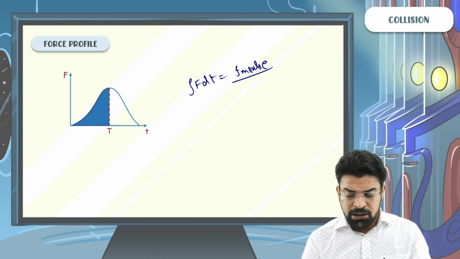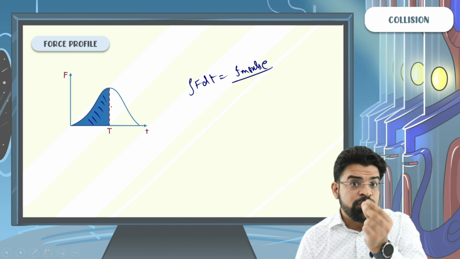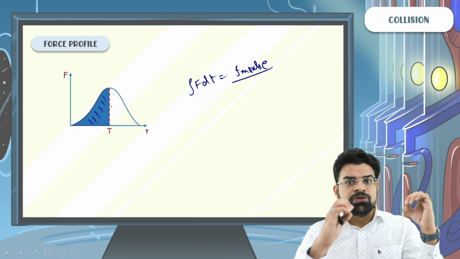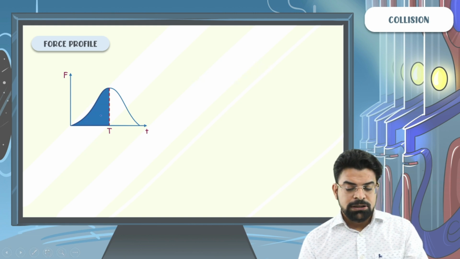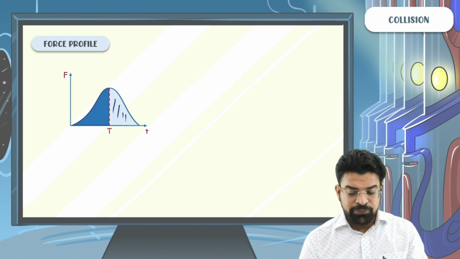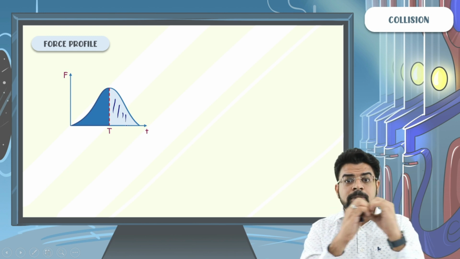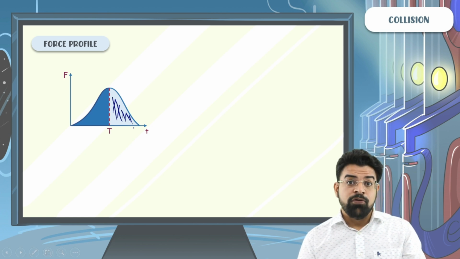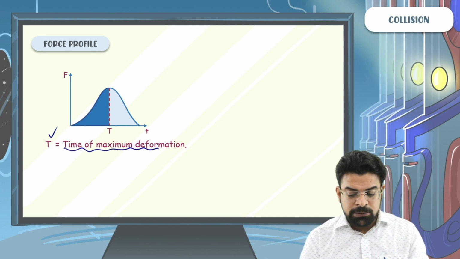So here the shaded area gives you nothing but the impulse of deformation, the change in momentum of the bodies during the process of deformation. Similarly, the second shaded area is the area under the force time graph during the process of reformation. So this area gives you beta the impulse of reformation. So beta, t is the time of maximum deformation.